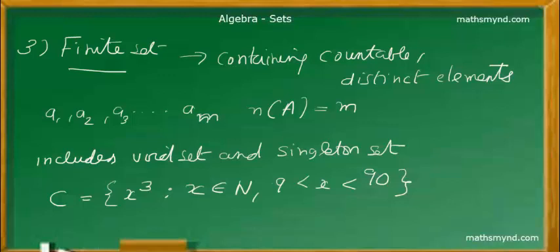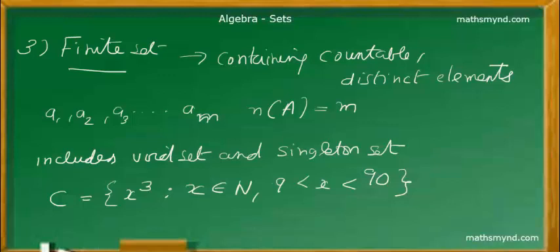When you look at countable natural numbers, we can denote a number which indicates the total number of elements inside it. If the elements are indicated by a1, a2, a3 up to am, then the cardinal number of a set indicates the number of distinct elements of that particular set.